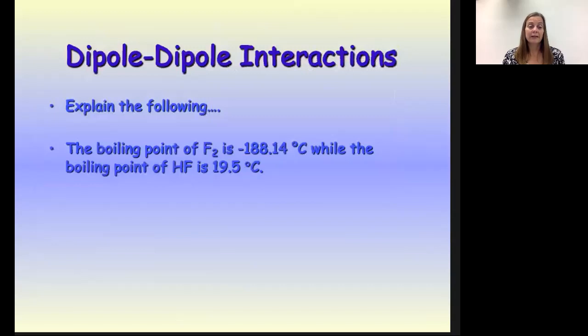So if we look at fluorine versus hydrogen fluoride, the boiling point of fluorine, F2, is negative 188.14 degrees Celsius, but the boiling point of hydrogen fluoride is 19.5 degrees Celsius. So hydrogen fluoride experiences much stronger attractive forces, right? In fact, not just dipole-dipole interactions, but hydrogen bonding because we have hydrogen bonded to fluorine.